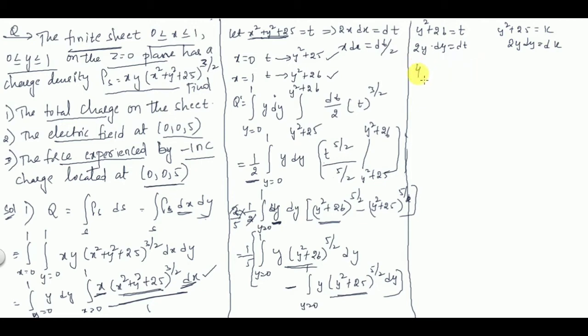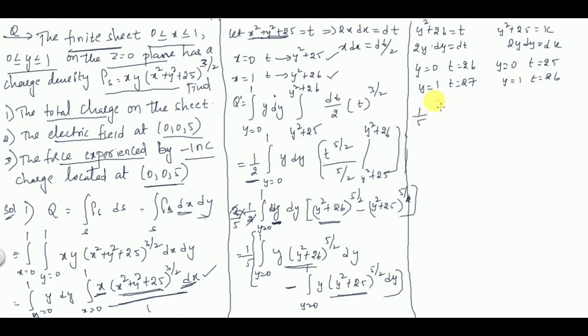When y is equal to 0, t is equal to 26. When y is equal to 1, t is equal to 27. Similarly, when y is equal to 0, k is equal to 25, and when y is equal to 1, k is equal to 26. Right?